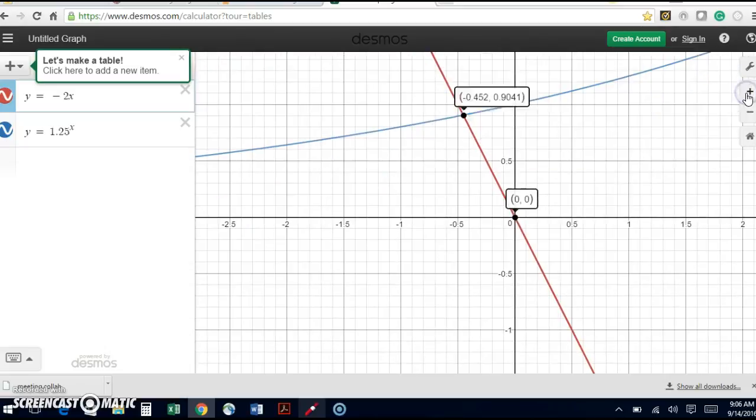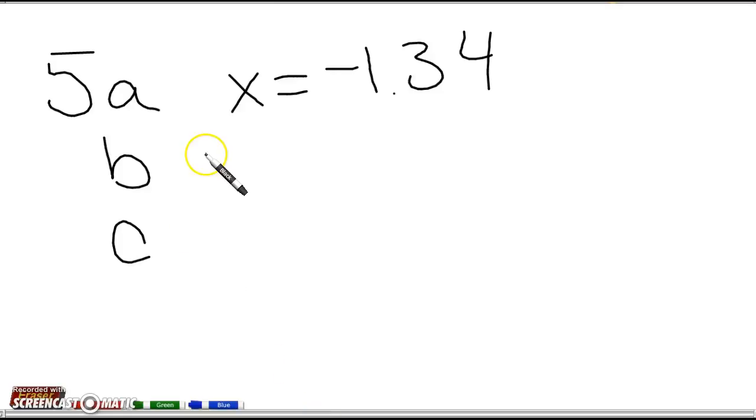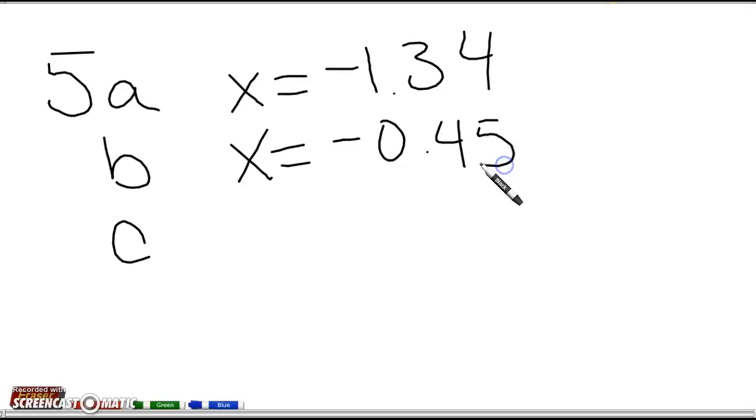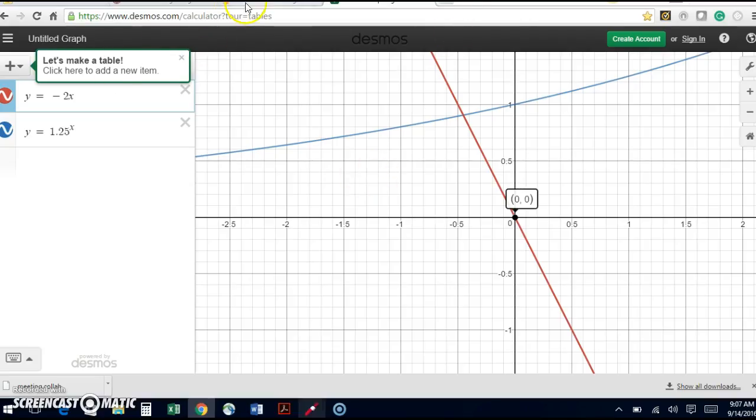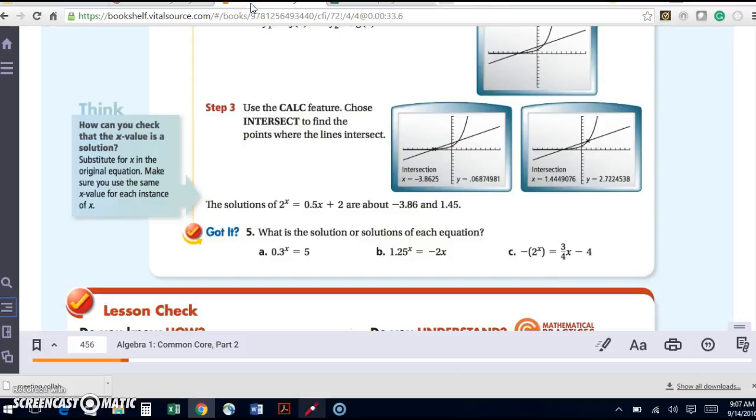And then I'll zoom in to see where the intersection point is. And the intersection point looks like it's at negative 0.45. So I'll write it here. X equals negative 0.45. I don't know why they're just looking for the x value, but that's fine. We'll find just the x value. Y is part of the solution point as well, but we can just find the x value.